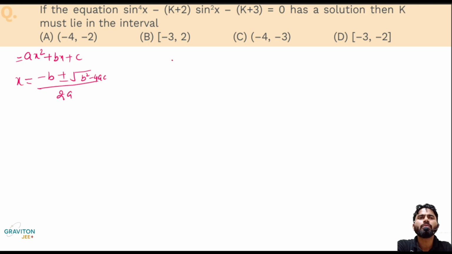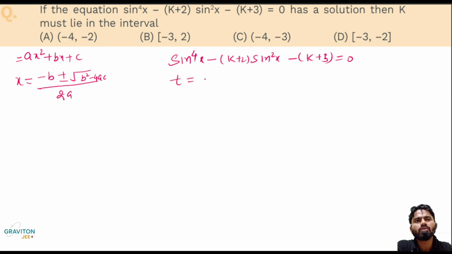So here you have the expression sin power 4x minus (k plus 2) sin square x plus (k plus 3) equal to 0. Assume t equal to sin square x.